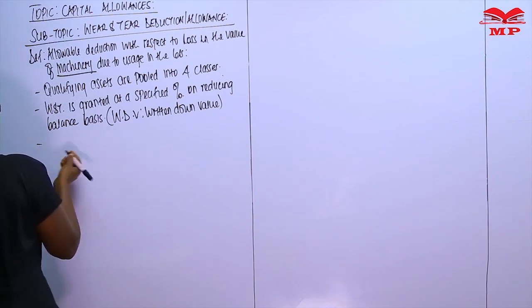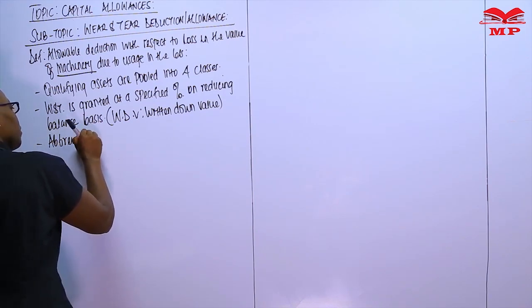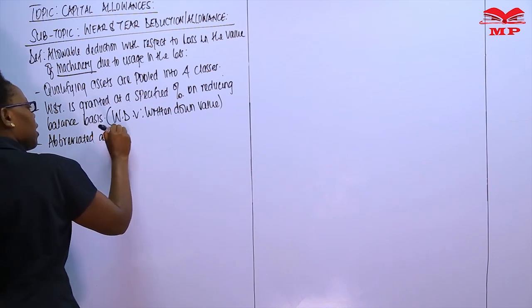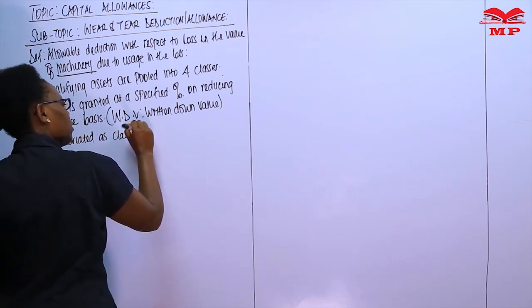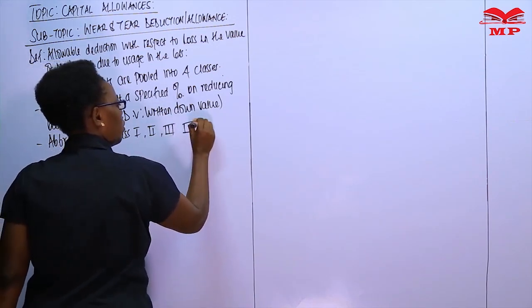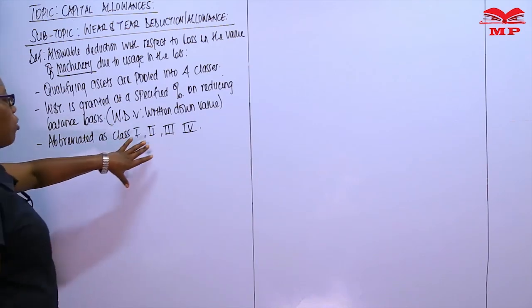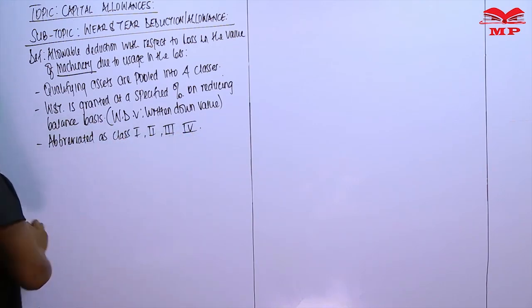These classes are abbreviated as Class 1, 2, 3, and 4. So we want to know what falls under Class 1, 2, 3, and 4. So we start with Class 1.